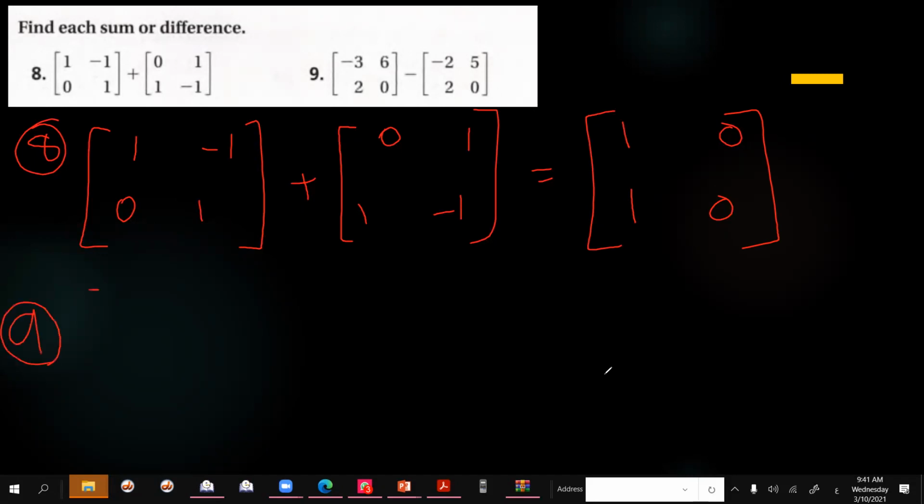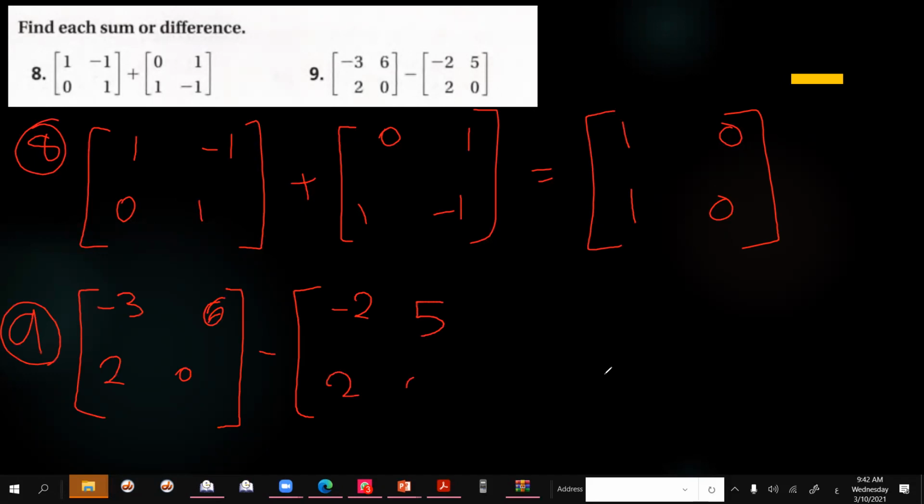Now, number 9. Here we have -3, 6, 2, and 0. Minus, be careful here, it's minus. -2, 5, 2, and 0.